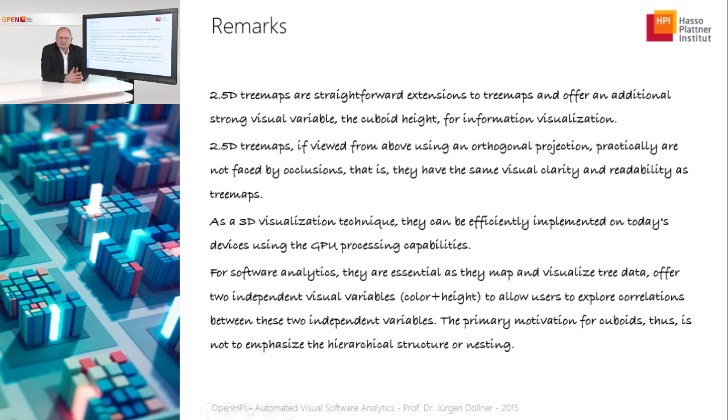That is, they have the same visual clarity and readability and even usability as regular 2-dimensional tree maps. As a 3-dimensional visualization technique, they can be efficiently implemented on today's devices using the GPU processing capabilities.